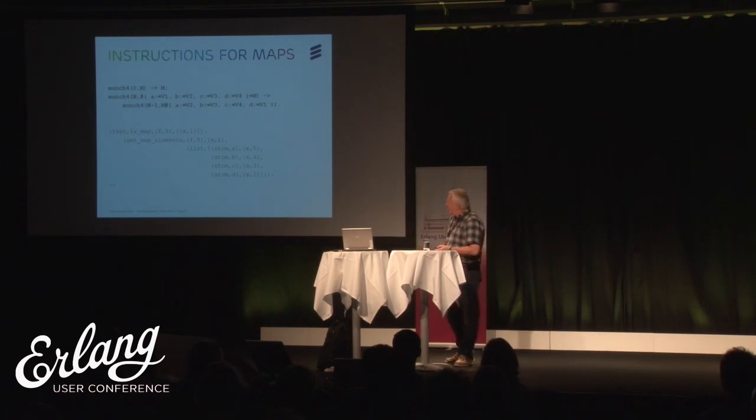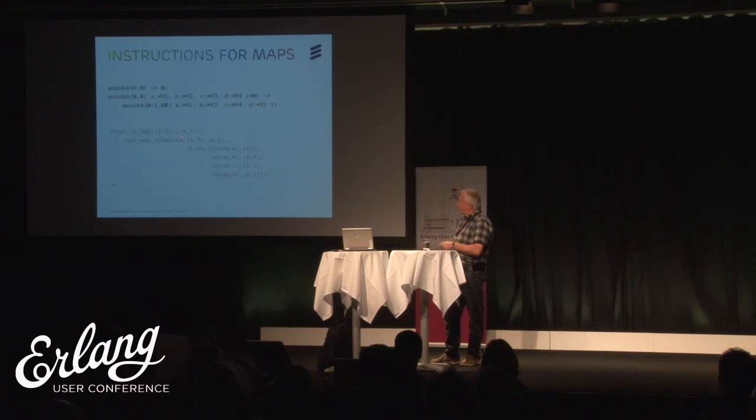In the compiler, when you work with maps in the assembly instructions, you can see an example here: a function which matches on 1, 2, 3, 4 keys in a map, and then changes the values of these 4 keys. You can see the first part of this here, where the match occurs.